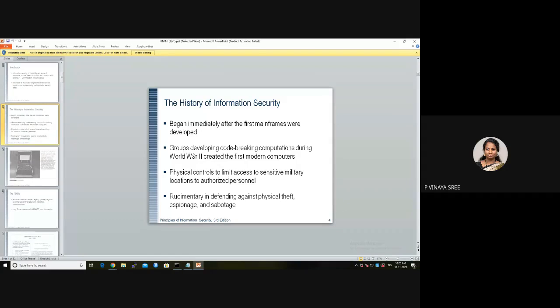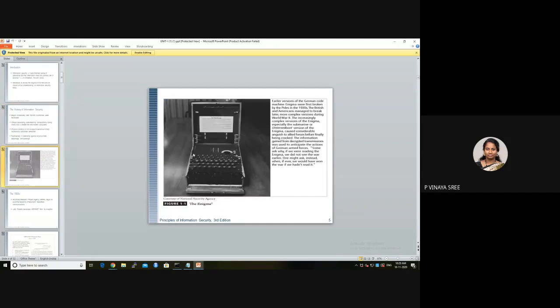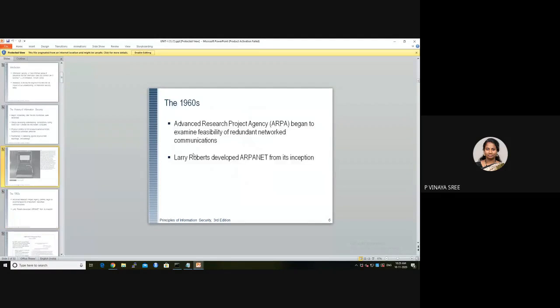One of these computers is the Enigma machine, where the communication is done through encryption. Next, ARPA was introduced, where security was not a major concern.